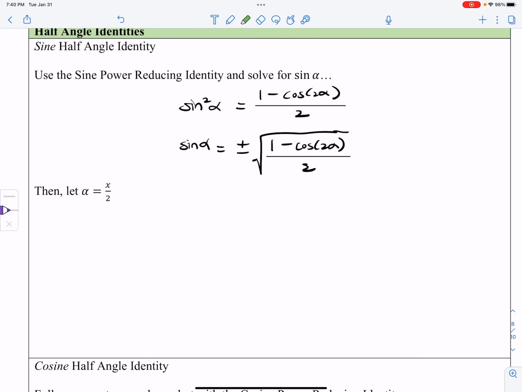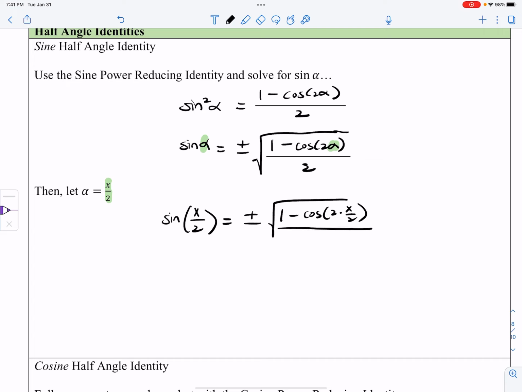And then, if we think about replacing alpha with x over 2, so then we'll have sine on the left-hand side, right, because we have another alpha here, sine of x over 2 is equal to plus or minus the square root of 1 minus cosine 2 times x over 2 divided by 2.